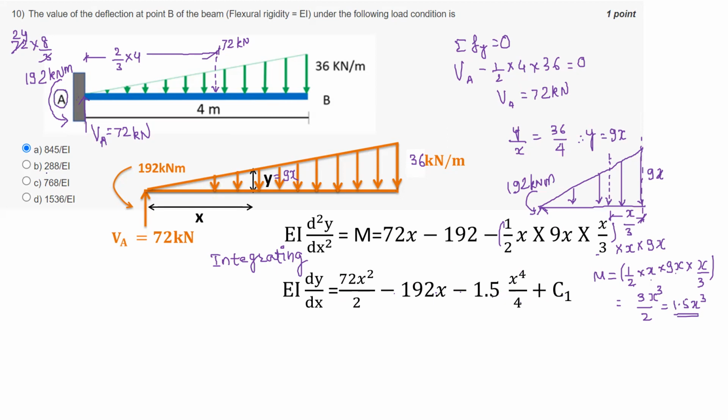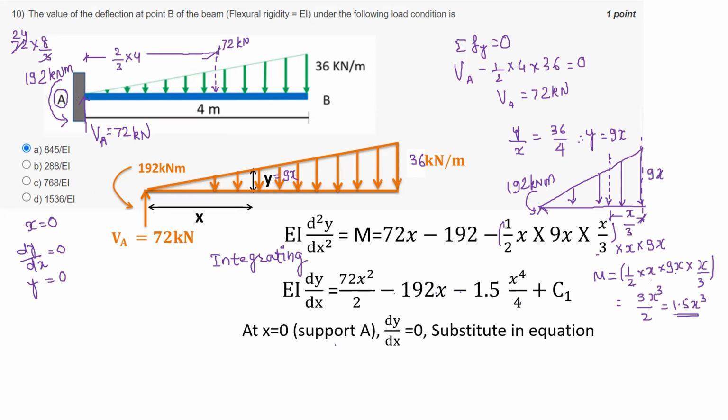A is fixed, so at A we have x 0 because x is measured from here. At x equal to 0, we have dy by dx 0 and y equal to 0. If we put the value at x equal to 0, dy by dx 0, this becomes 0, 0, 0, and therefore C1 becomes 0.